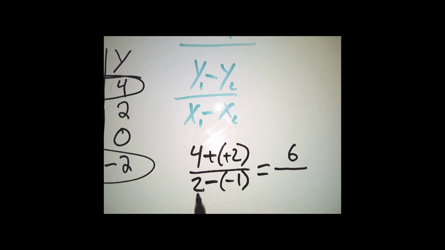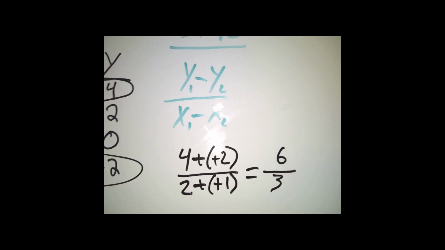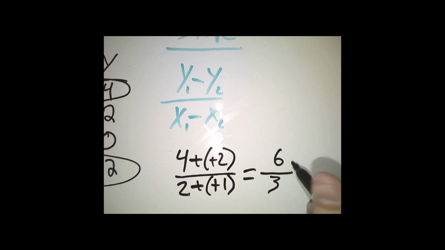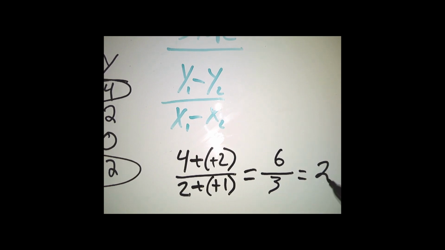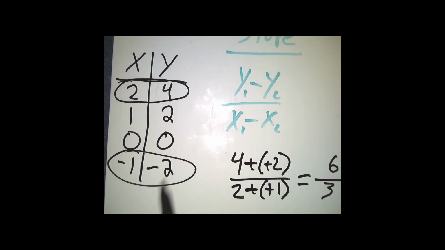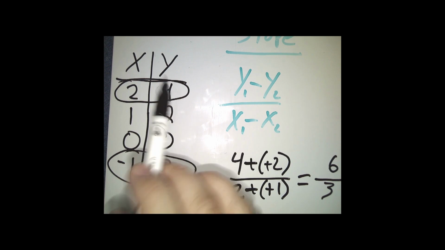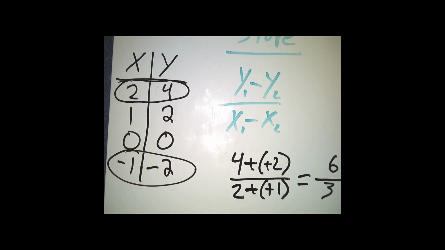Over here, we have 2 minus negative 1, which is really going to be 2 plus 1, which is 3. Now, if we simplify this further, 6 divided by 3 would give us a number of 2. So that means that the slope of this line, that's identified by these sets of ordered pairs, would be 2.